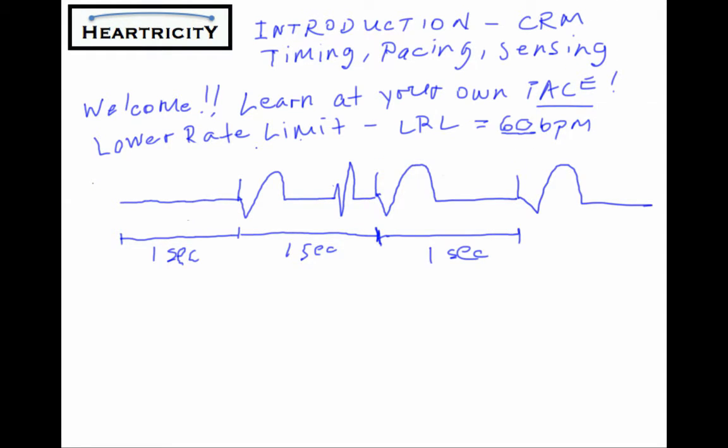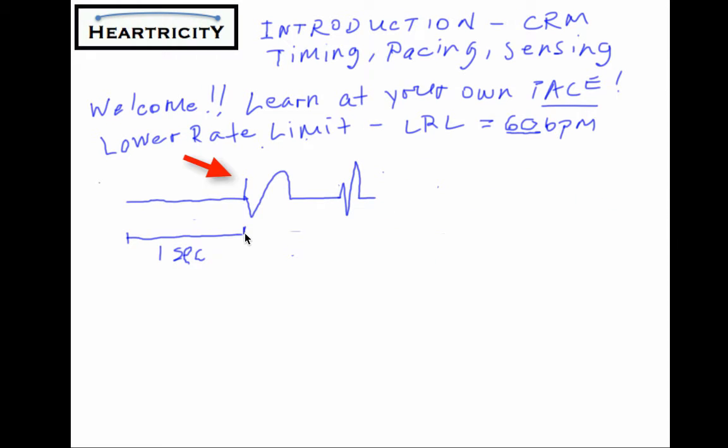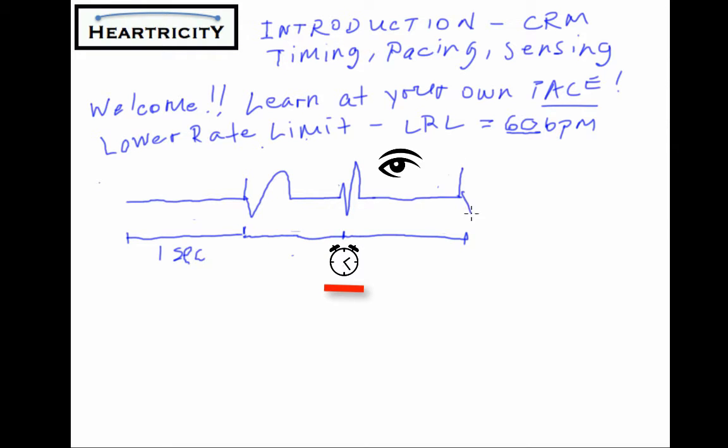Well, today's pacemakers don't do this. Let's go back and take a look. So again, we see a pace after a second has elapsed, and then we have our intrinsic QRS. So today's pacemaker sees this intrinsic QRS, or as we also say, the device senses the intrinsic beat, and this causes the timer on that alarm clock to start again.